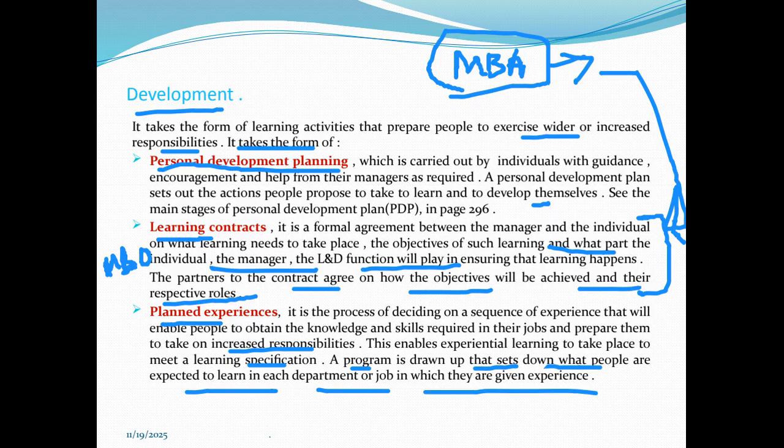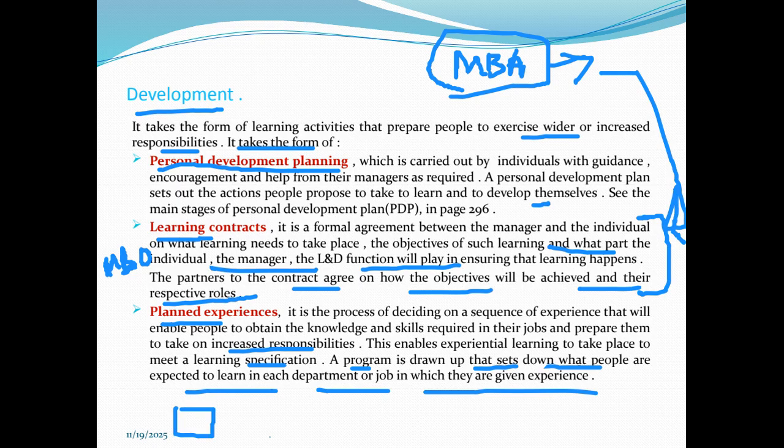Like when we were studying at our university, we did an internship, and our internship was in the airline industry. We were placed one week in one department, another week in another department.